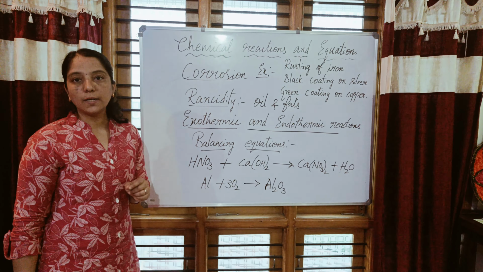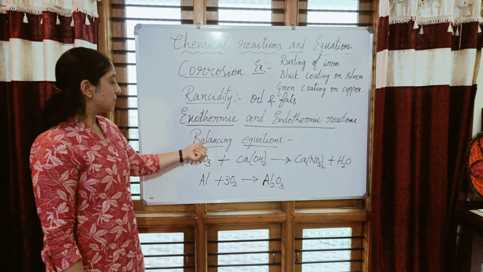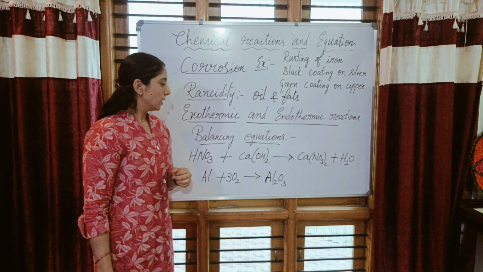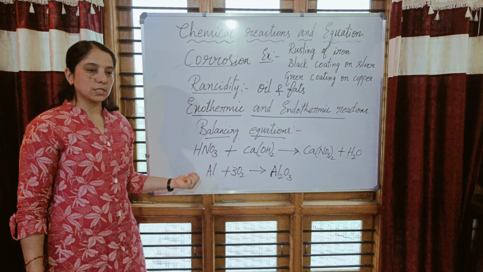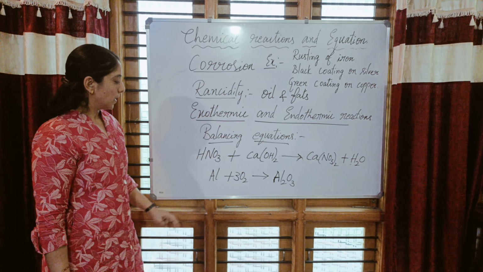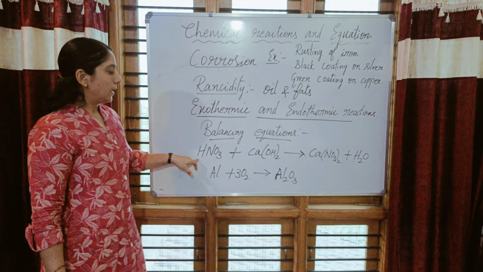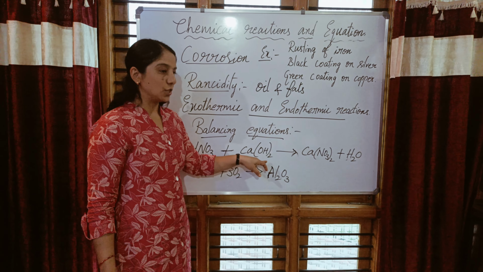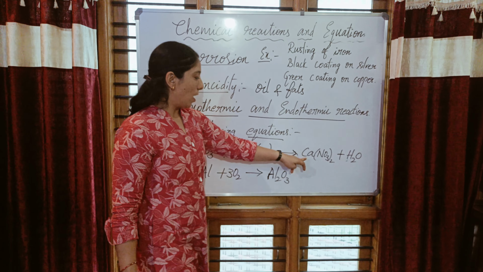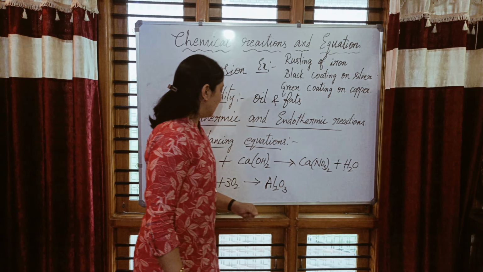And a very important topic, which can be asked for 2 marks in the exam, is balancing equations. Now I take an example of 2 equations here. We just balance these equations. HNO3, that is nitric acid, when it reacts with calcium hydroxide, it forms calcium nitrate and water.